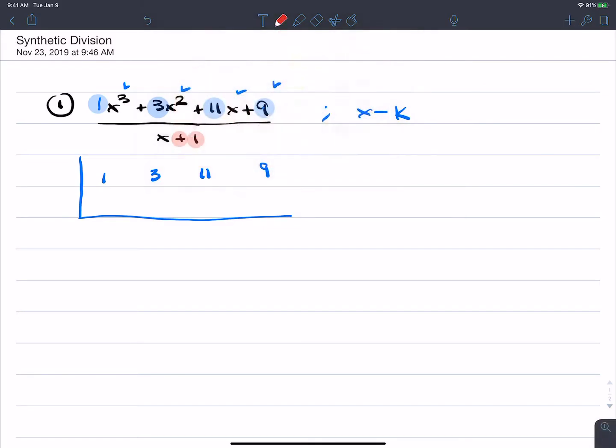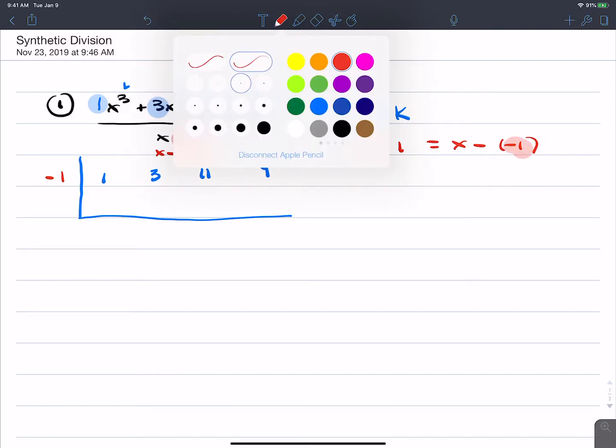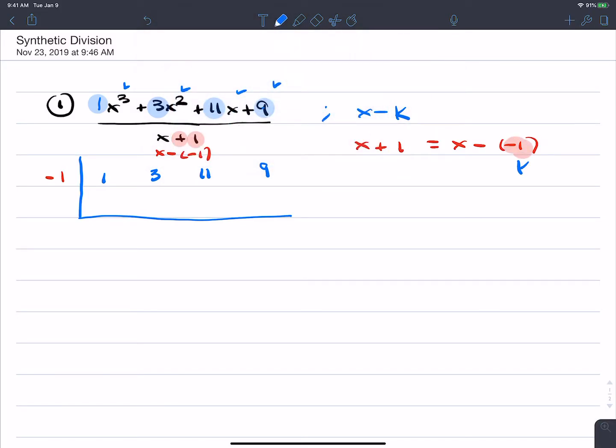So what that means is we have to rewrite this as x minus a negative 1. And so my k value here is going to be simply negative 1. Okay, so if we have x plus 1, just write that as x minus a negative 1. And now this value here is going to be the value that we use. This is going to be that k value. That's simply what we did.